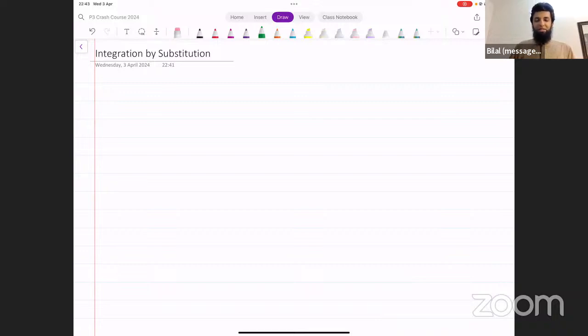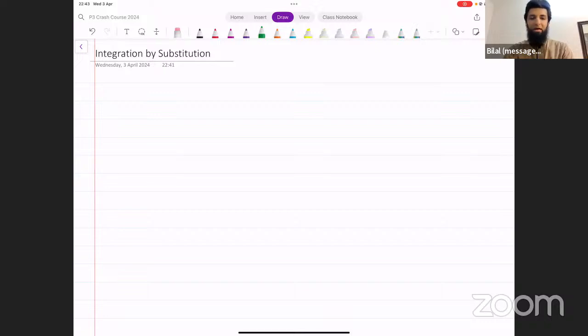Now, integration by substitution, although its working is sometimes slightly confusing, slightly complicated, is straightforward in the sense that you do not really have to think about this a lot, because they will always tell you that you have to use a substitution when you are required to use it.